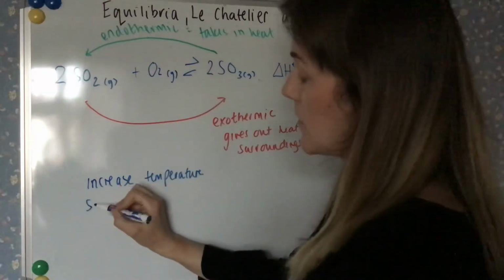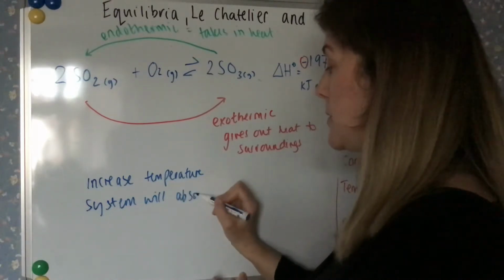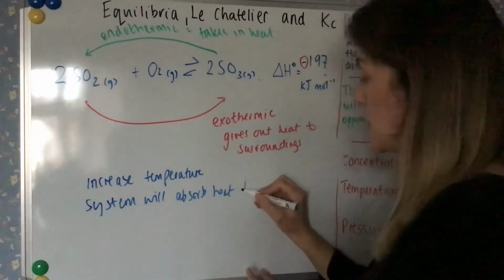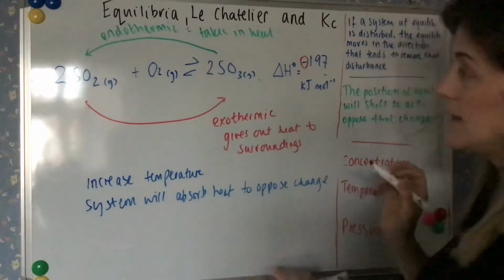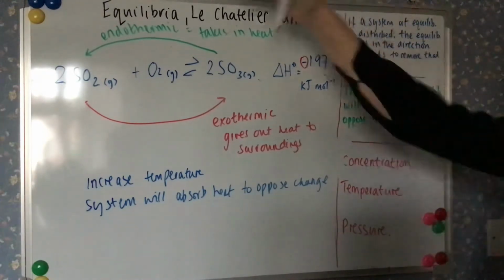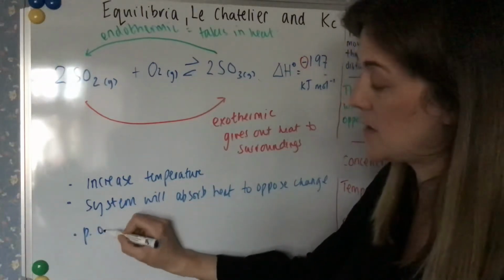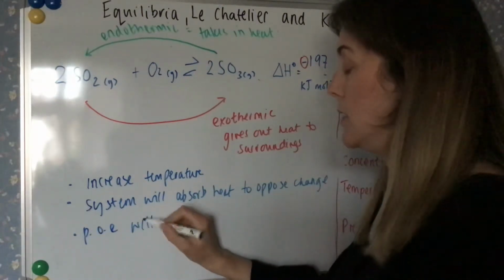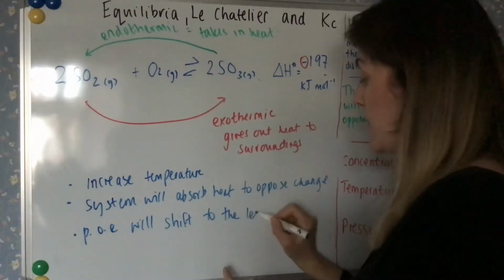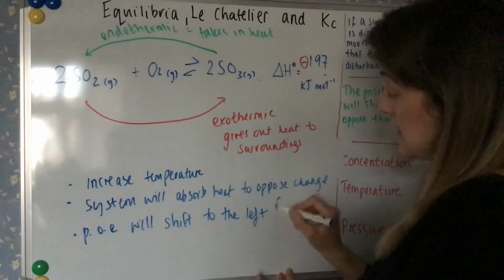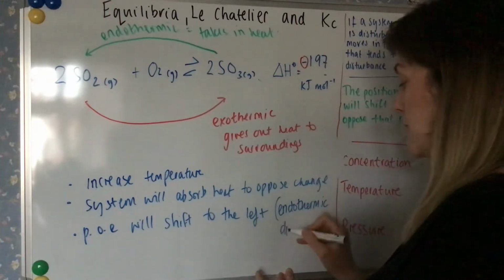So the system will absorb heat to oppose the change, and the position of equilibrium (POE) will shift in the endothermic direction, to the left in this case.